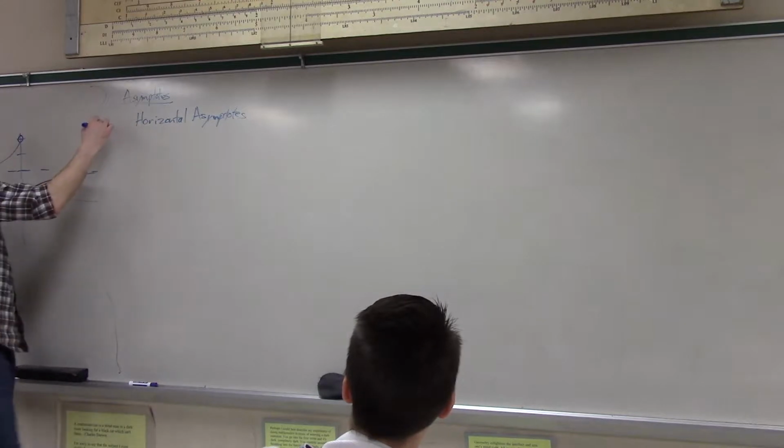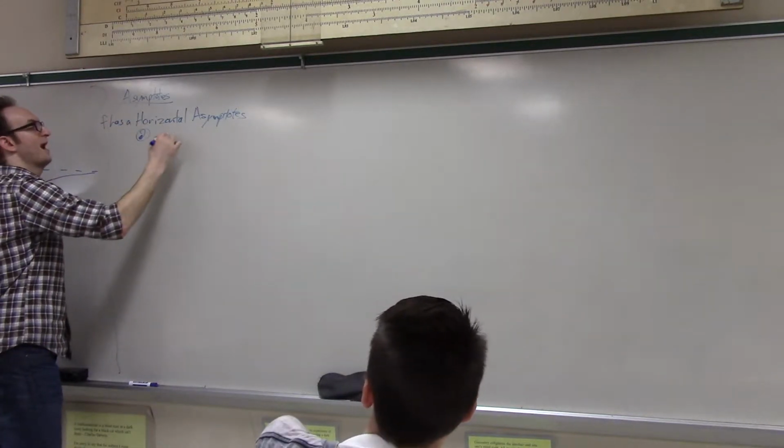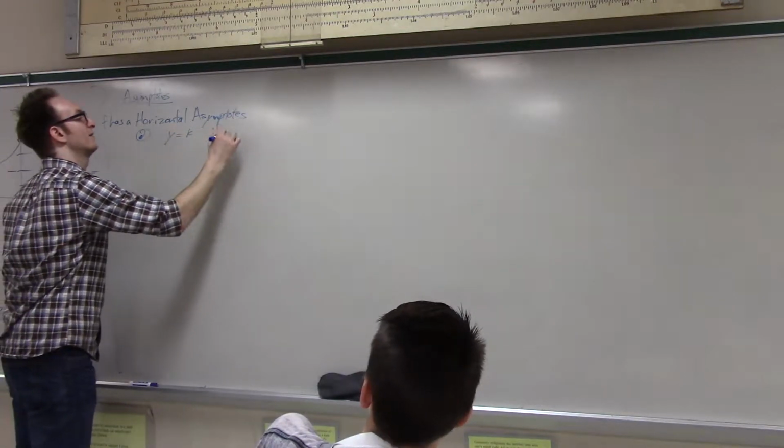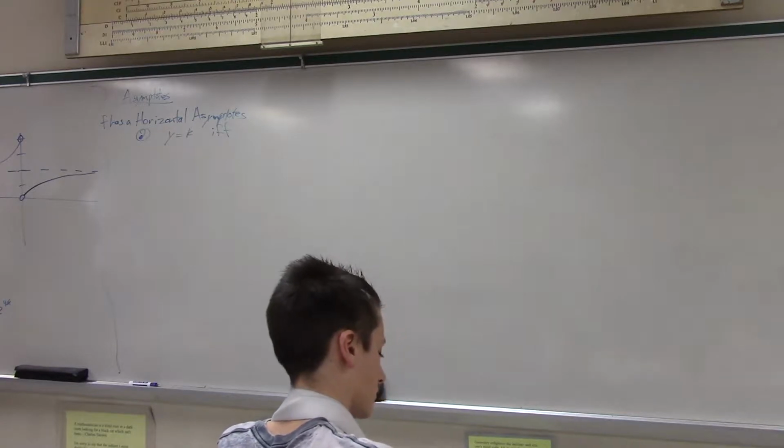Okay, let's do it. So f has a horizontal asymptote at y equals k if and only if. Can I get a formal definition?